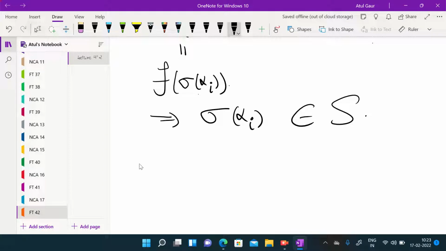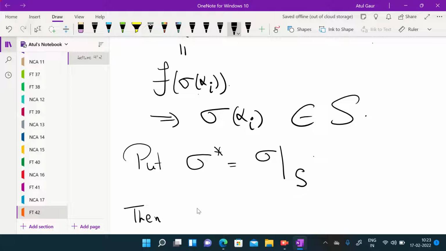So if you consider, let's say, sigma star, the restriction of sigma on the root set S. Because if alpha i is in S, then sigma alpha i is also in S. So the point is sigma star is a map from S to S. Is a function.